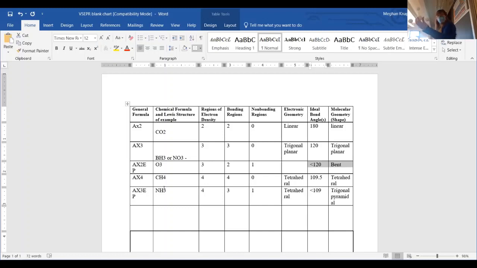So this shape is called a tetrahedron. Good example of this is methane.